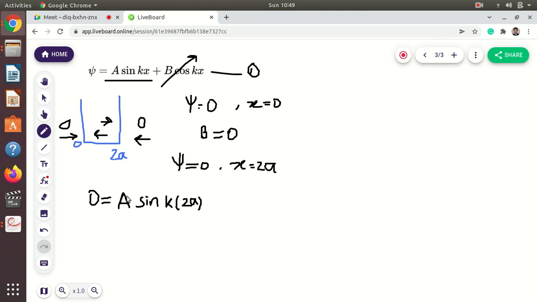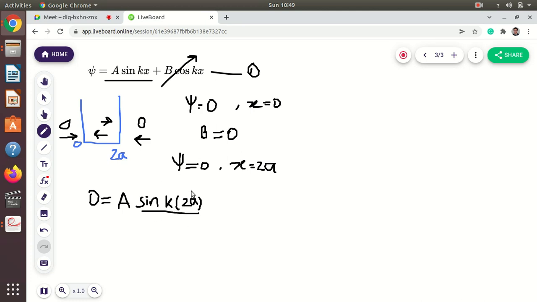First condition, that A must be equal to 0. If A is equal to 0, then the whole wave function is 0, so inside also there is no wave function. So this has no meaning. So A cannot be 0. So what can be 0? The sine part must be equal to 0, and this part is not 0. 2a is not 0, k is not 0. So there must be some other values.